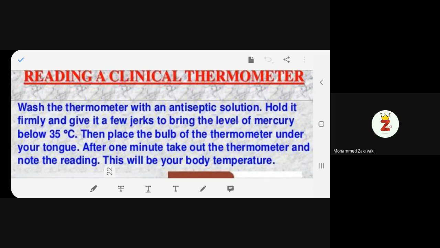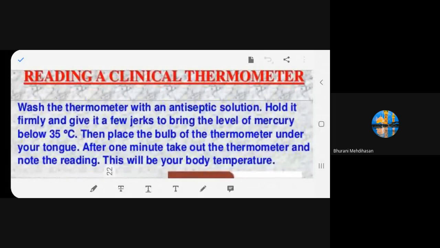Because we have to see the temperature above 35 degrees Celsius, so we have to get it below 35 degrees Celsius. Is it clear? Then the bulb of the thermometer should be put either in the armpit or under the tongue. Generally in adults we put it under the tongue.